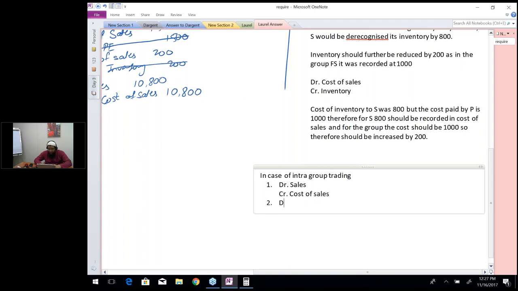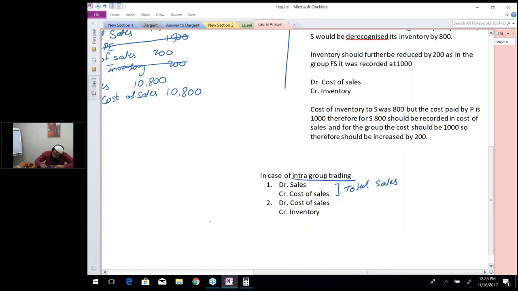And the second entry is going to be debit cost of sales and credit the inventory. So always in case of intragroup trading, there are 2 entries: sales debit, cost of sales credit by the amount of total sales, and then cost of sales debit, inventory credit by the amount of unrealized profit.